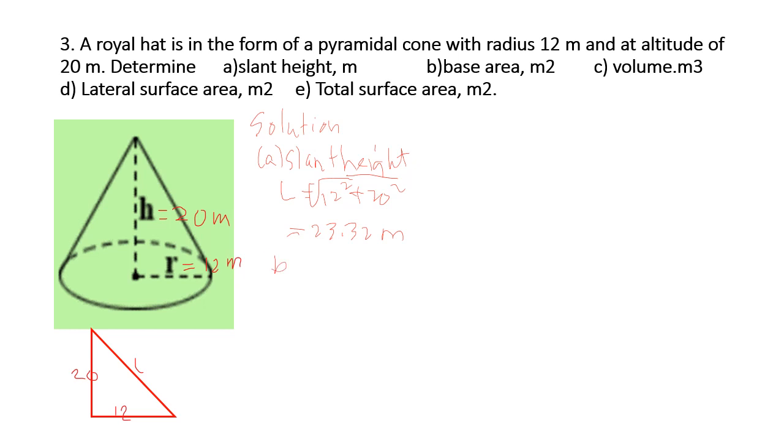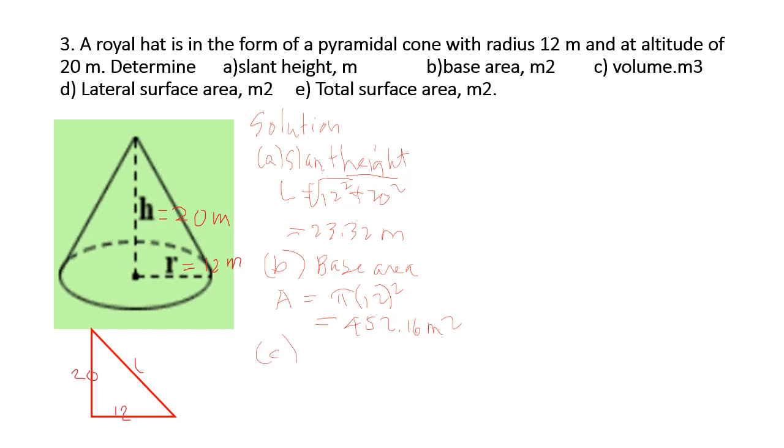Letter B, base area equivalent to pi r squared. So pi times 12 squared equivalent to 452.16 meters squared.